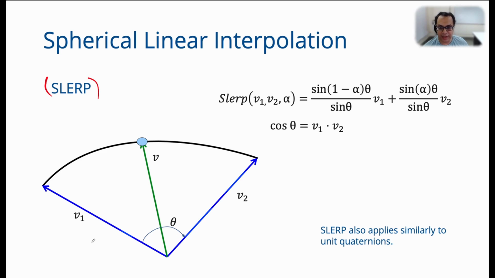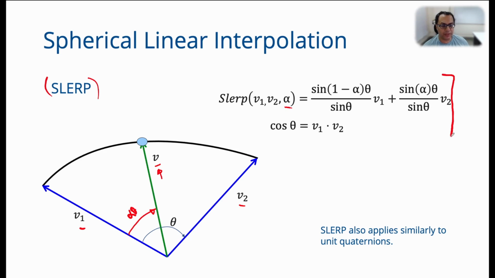If theta is the angle between two unit vectors v1 and v2, then for any vector v that has been interpolated between v1 and v2, where alpha is the parameter for interpolation, so started from v1 and this angle is alpha theta, then v can be written as sine (1 minus alpha) theta by sine theta v1 plus sine alpha theta by sine theta v2. So try and derive this.